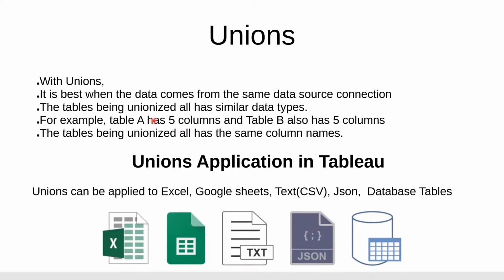If table A has 5 columns and table B has 10 columns, that might create a little bit of a problem and you might end up with a lot of null values. It is also better when the tables being unionized all have the same column names.